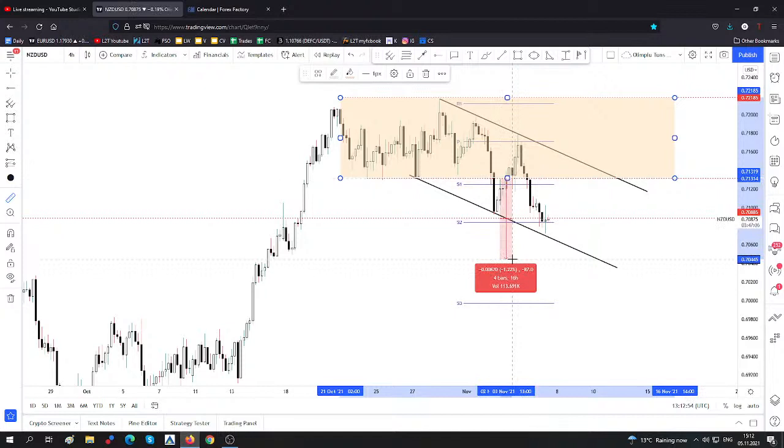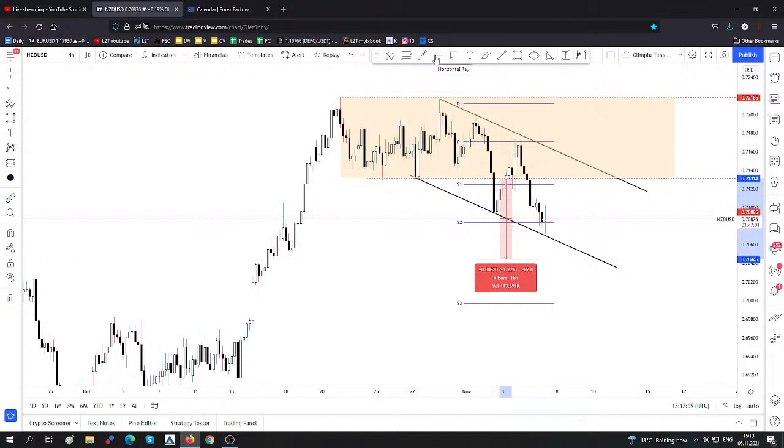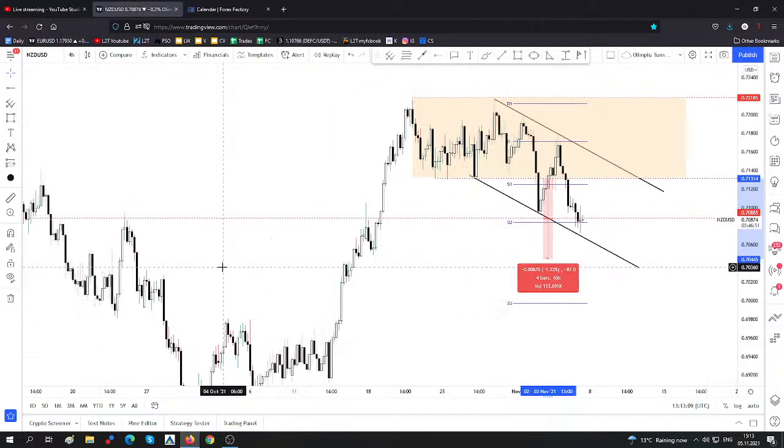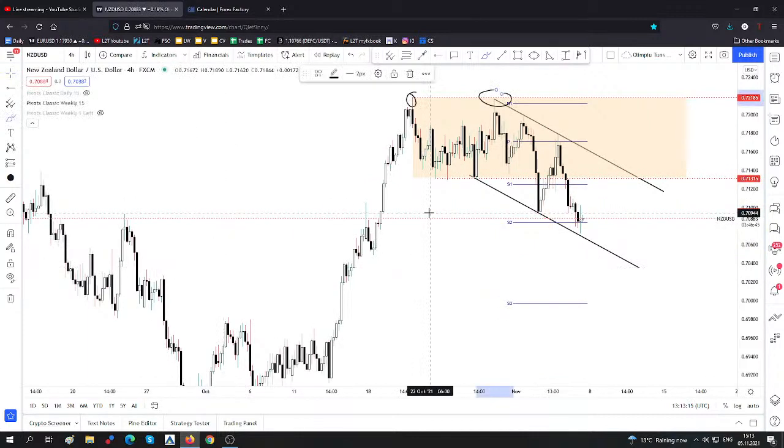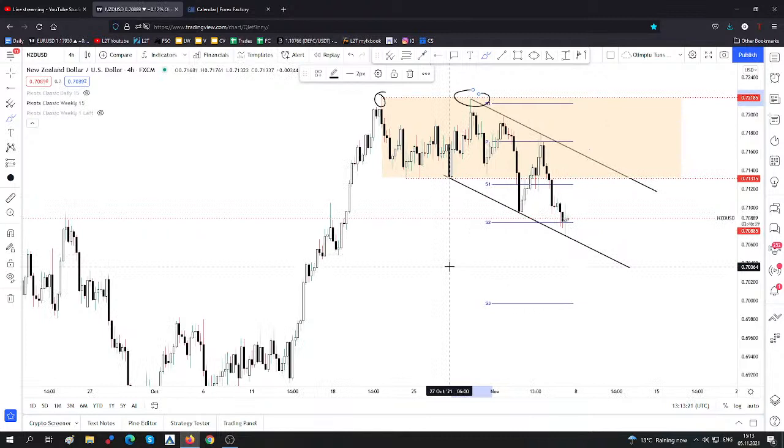So after escaping from this range here, and also something like this here, like a double top breakdown. So 87 pips.